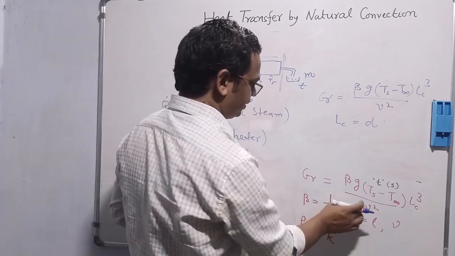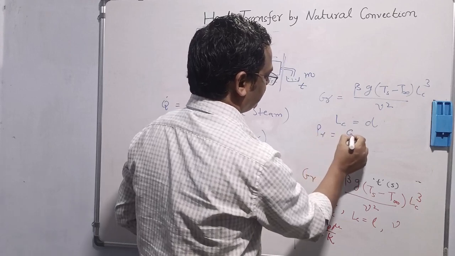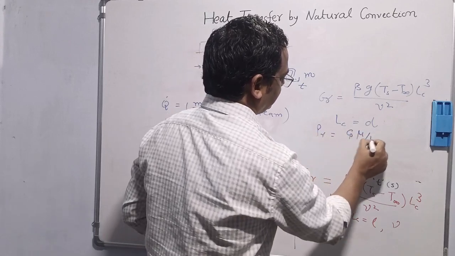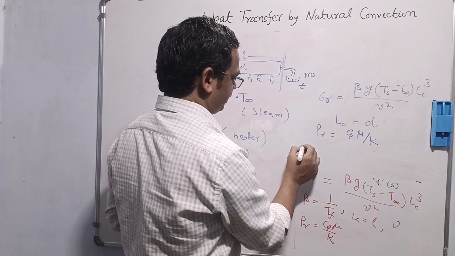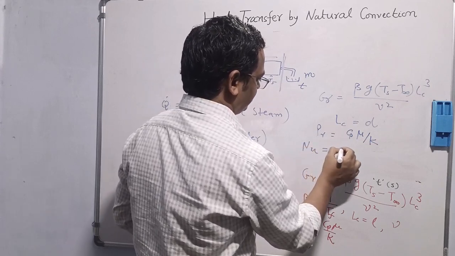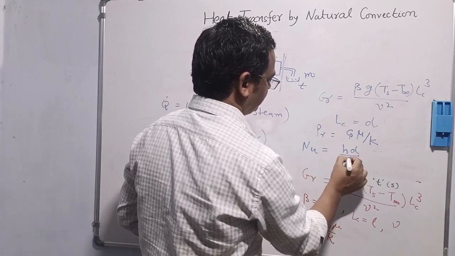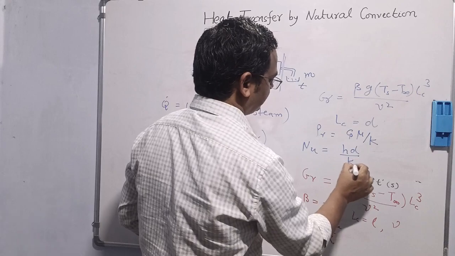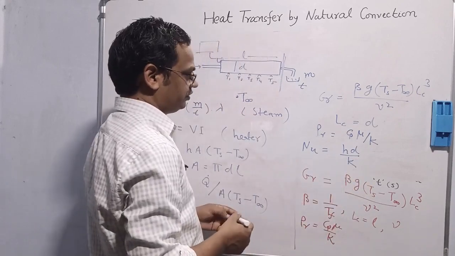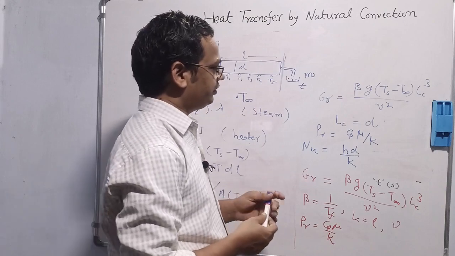Prandtl number will remain same, Cp mu by k. Nusselt number will be changing. Now this time we will have to take h d by k, not L but d by k. And all the fluid properties should be considered at the film temperature.